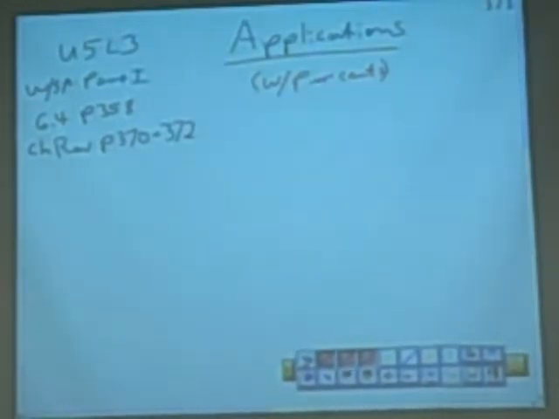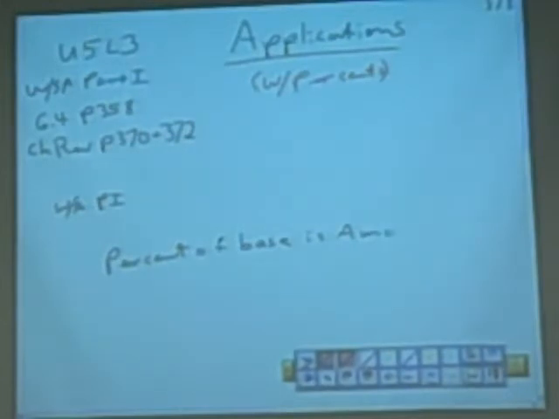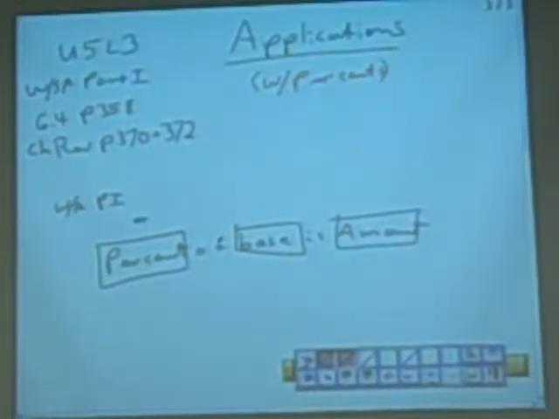Okay, we'll start with looking at worksheet A, part 1. And again, our model that we worked with before was percent of our base is our amount, where we had percent times base equals amount.